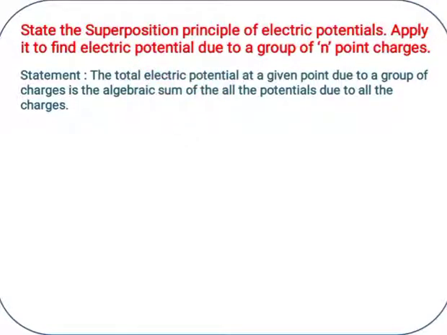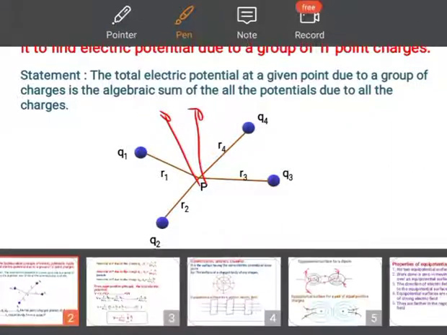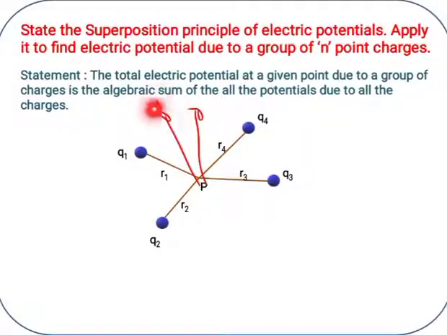Now, if we consider this as a system or a group, how many charges have I considered? Q1, Q2, Q3, Q4. Similarly, I can consider n number of charges, so I may call the last one Q5 or Qn.